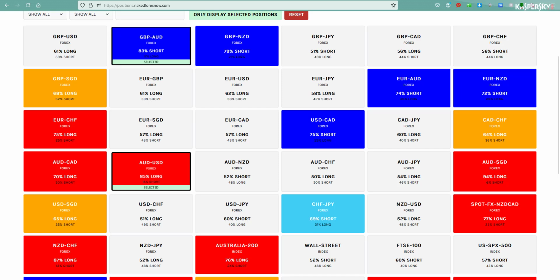All right. Now, if you really want to blow your mind, what you should look at is an open position ratio versus price chart. So what you're looking at is the price, the moves in the market, versus the open position ratio. And it's so good.